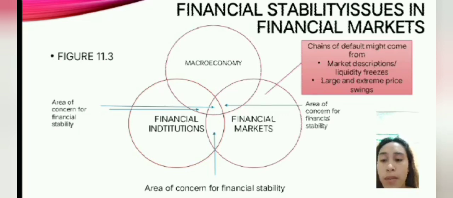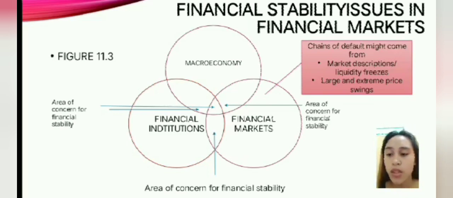Chains of default might come from market disruption, liquidity freezes, or large and extreme price swings. As we can see from the arrows, the area of concern for financial stability is the center of the three issues.